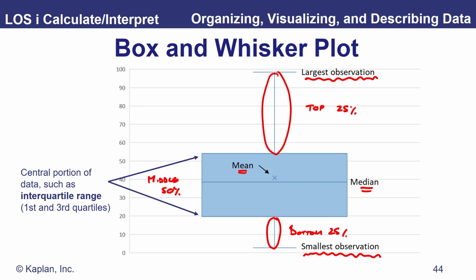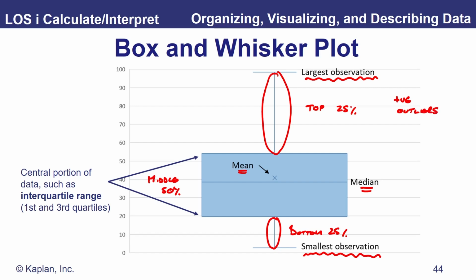So notice there's more dispersion in the top 25% of observations than there is the bottom 25%. Notice as well that my mean is above the median. All of this combines to tell me that there must be the presence of large positive outliers.